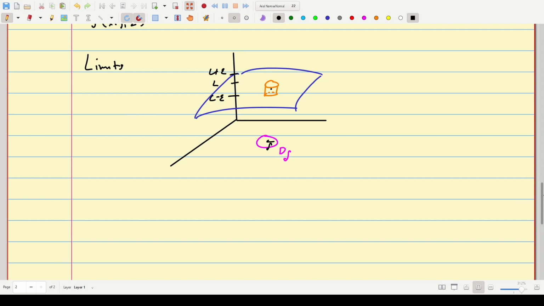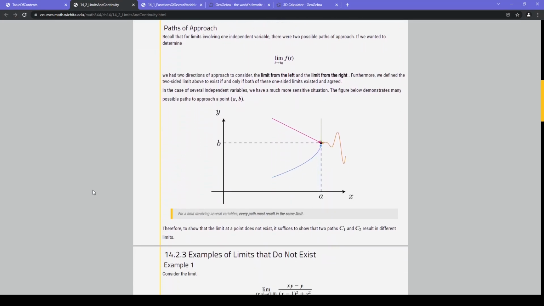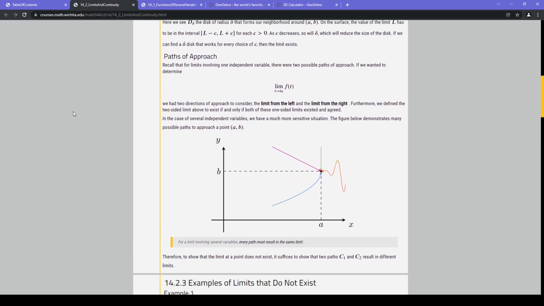Okay? Obviously, as epsilon approaches 0, the size of the cylinder is going to vanish, right? Now, the tricky part about limits in higher dimensions is that we have to be a little bit more careful about how we compute them.